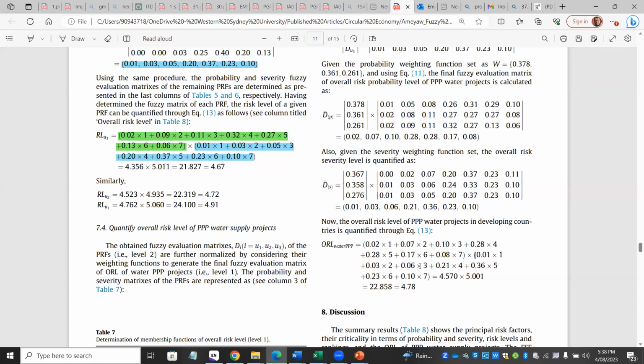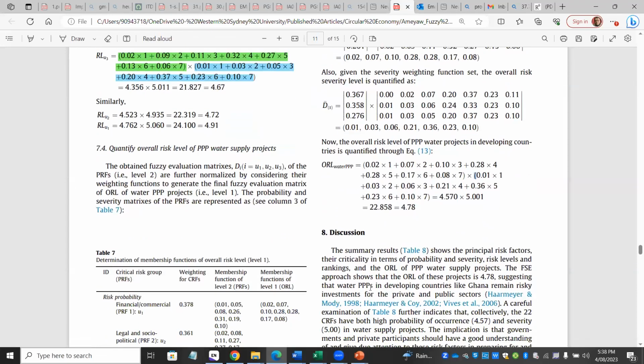So when you do this and you multiply everything, it will give you a figure of 22.858. You just find the square root, and the square root will be 4.78, which makes this risk very high because we are dealing with a 7-point Likert scale.